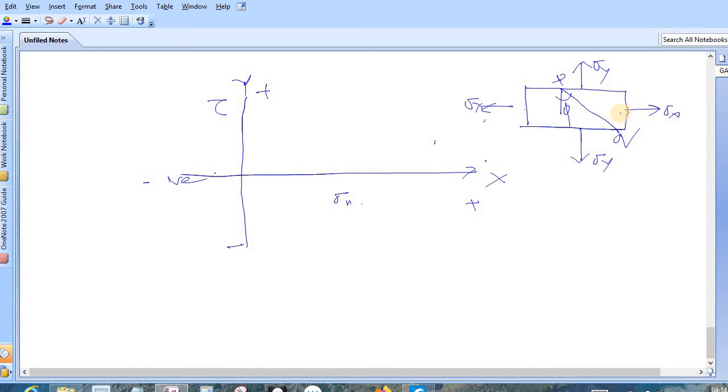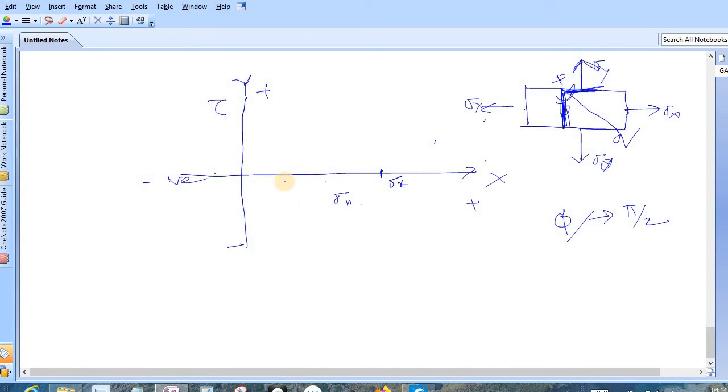First, when phi is 0, this is the plane and the stress acting here is sigma x. And when the plane makes a 90-degree angle, or phi is equal to pi by 2, in that case this is the plane and the acting stress here is sigma y.